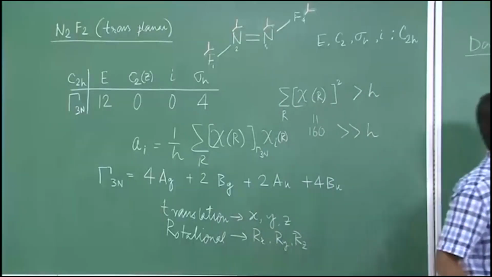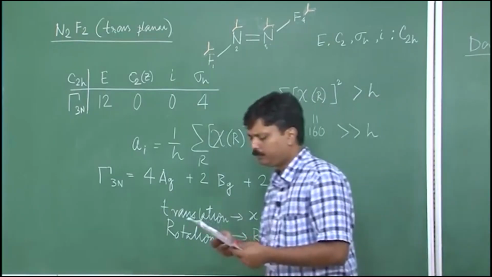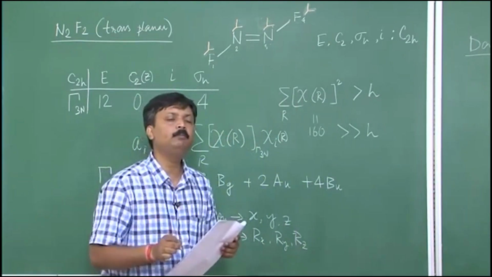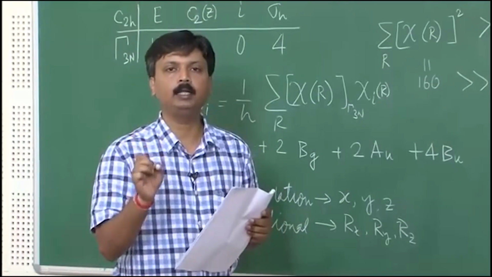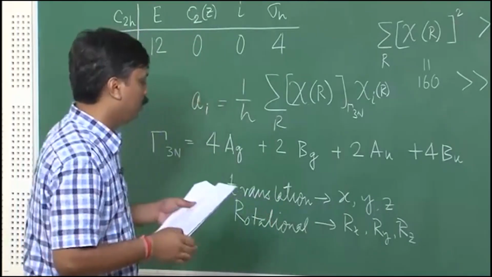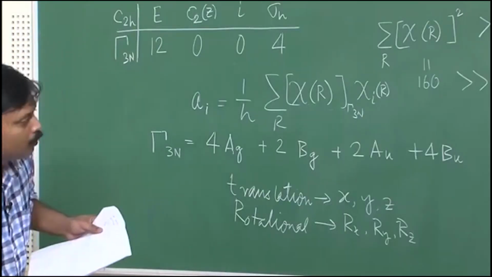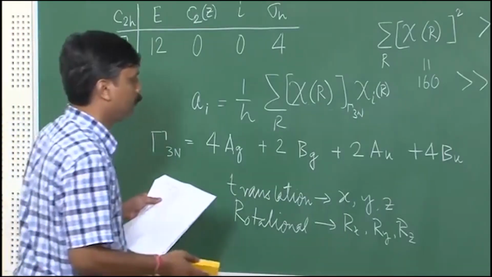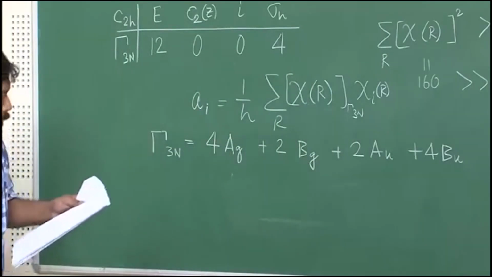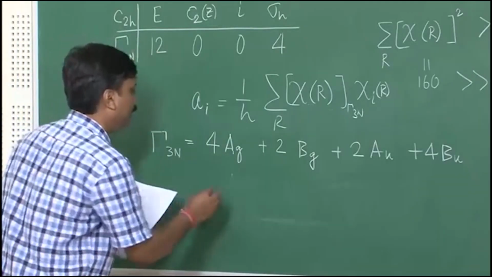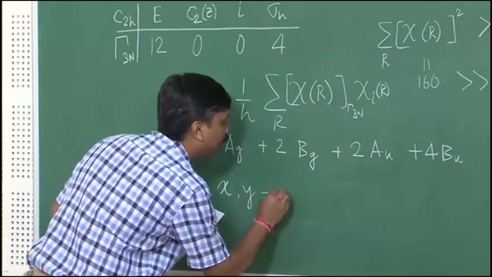So we will now check with the character table and concentrate on the area 3, right. So area 3 will give me the functions which transform as one of these IRs, correct. So if I look at area 3, I get that x and y transform together.